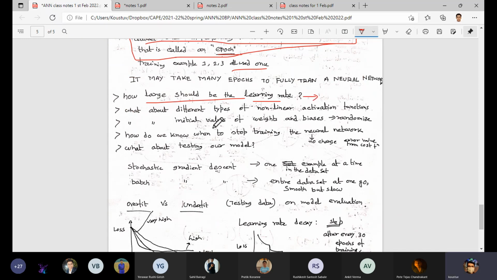Second, what about different types of nonlinear activation functions? Though we have plotted some types, there are of course different ones. Generally, we give the initial values of weight and bias as random numbers. And how do we know when to stop training the neural network?